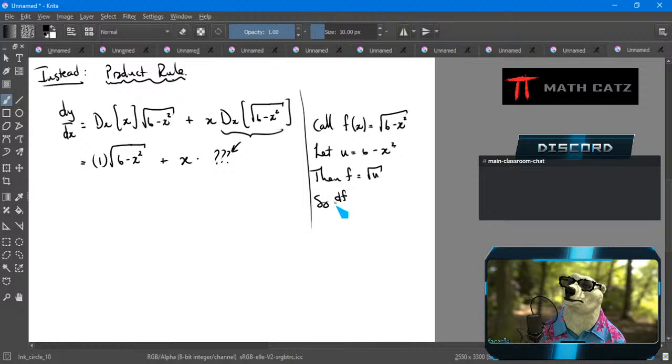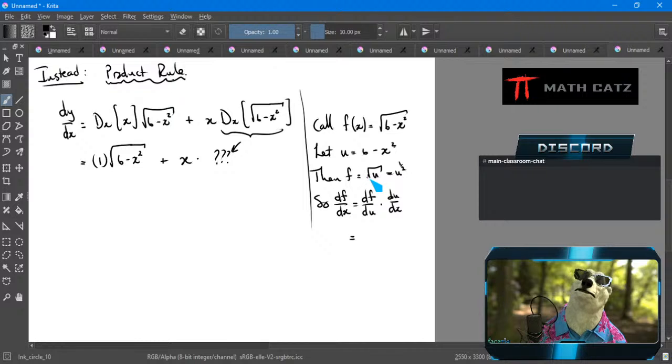So the derivative of f, which is what I'm trying to find here, is set up the chain rule: derivative of f with respect to u, times derivative of u with respect to x. Now I can say, well, for the derivative of f with respect to u, I see f as a function just of u. Perhaps I want u to the 1/2.